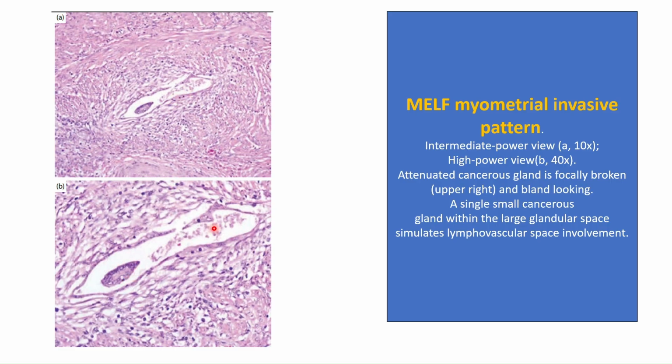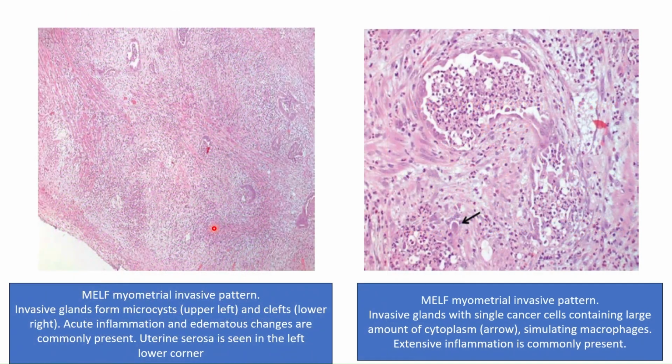So this is the MELF pattern. Here also these invasive glands have a microcystic pattern, and this has a cleft-like pattern. And surrounding it there is acute inflammation.